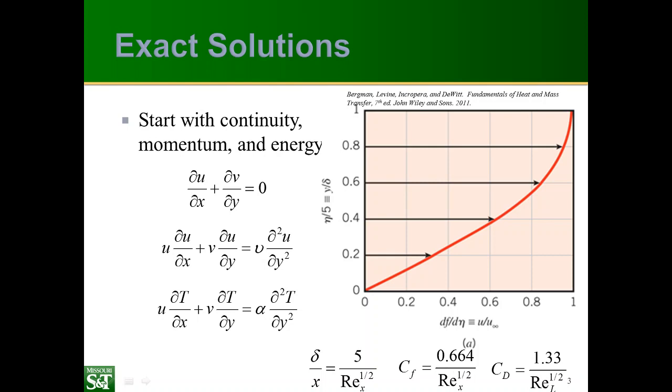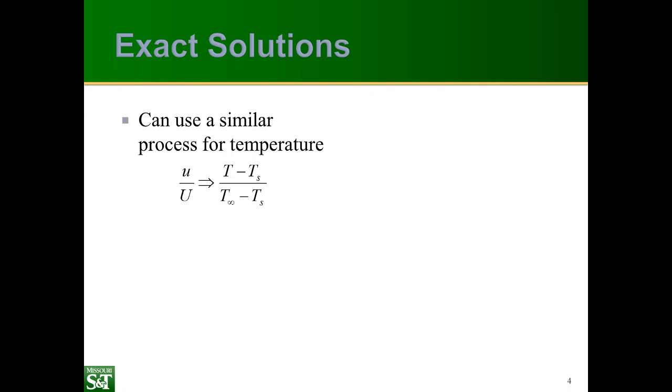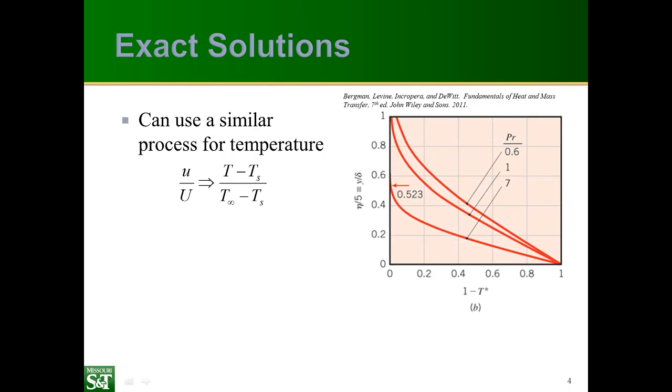Now we can use a similar process for temperature. Instead of a dimensionless velocity, we define a dimensionless temperature. We assume constant properties, and then come up with this solution. So you see that the axis is a little bit different here. The x-axis here is temperature, and the y-axis is the position.